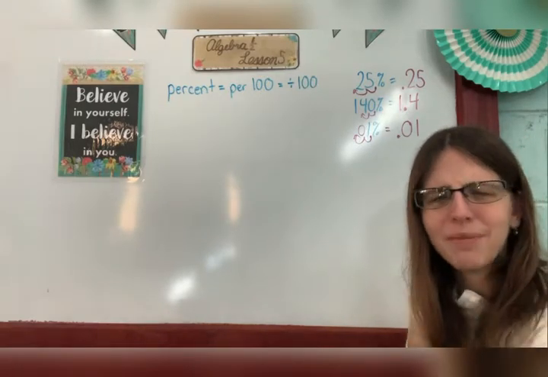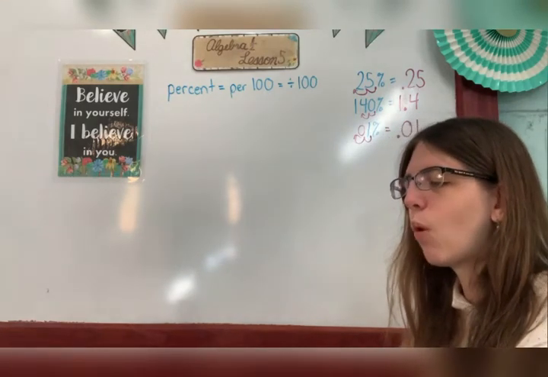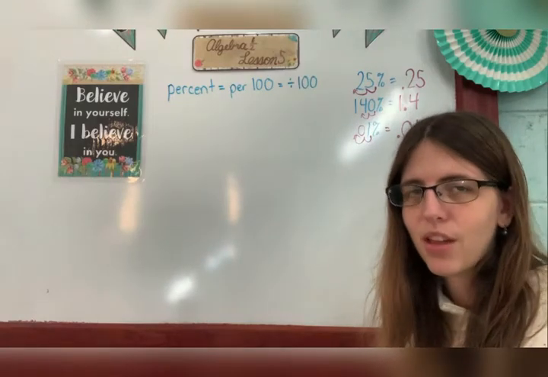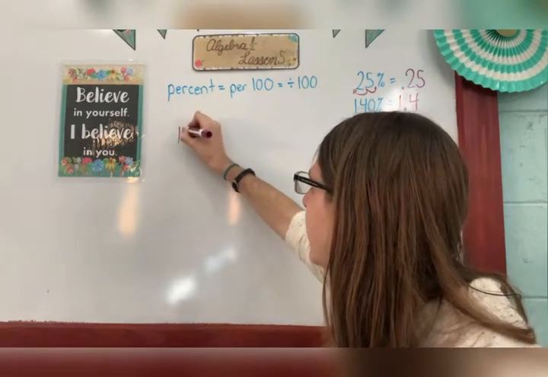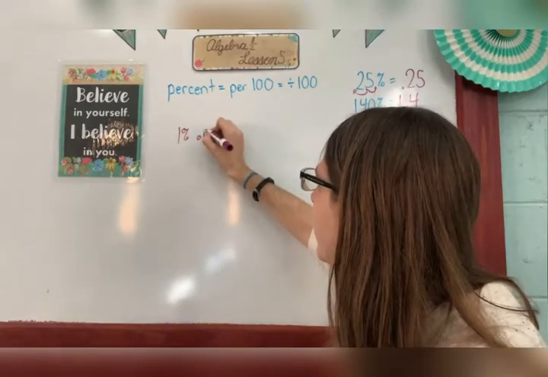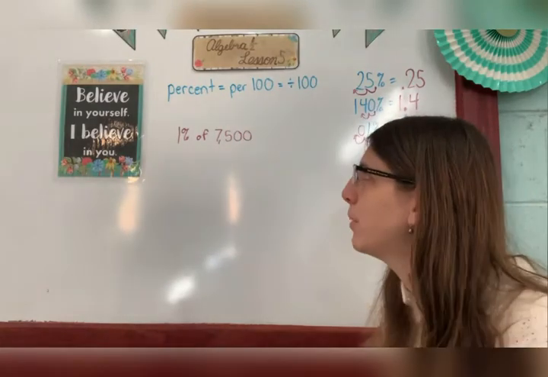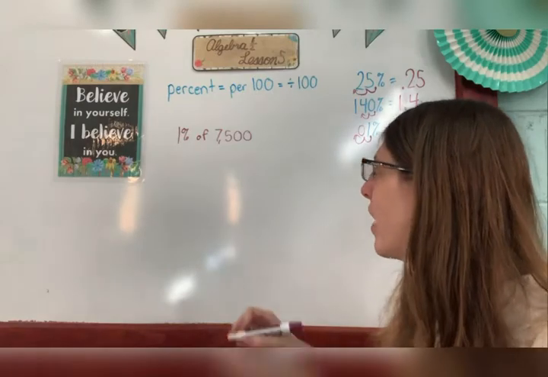Super simple, right? So what if you have a problem that says, what is 1% of 7,500? Okay, so if I want to know what is 1% of 7,500, I'm looking for 0.01 of 7,500.